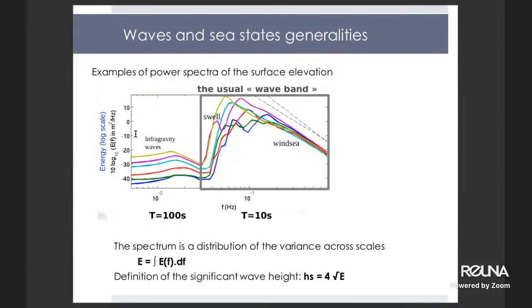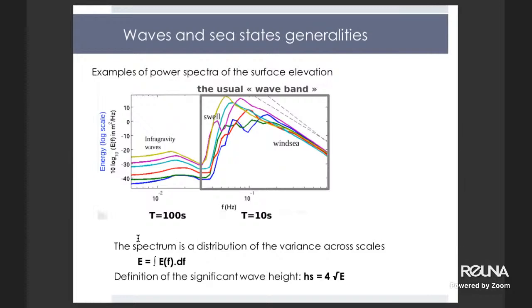Here we have infragravity waves at large period. And then we have swell peaks, and here a wind sea region. This spectrum is a distribution of the variance of waves across scales. So it is very much used to characterize waves, and I will speak a lot about the wave spectrum here.